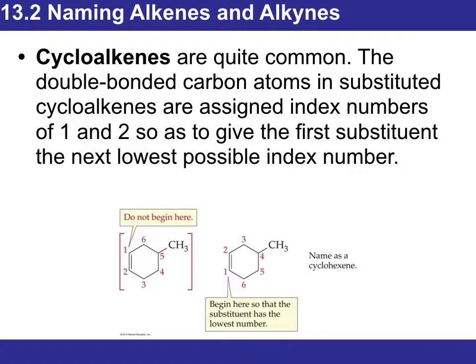So here, an example, I start where my substituent has the lowest number, that's the far right example. 1 includes my double bond, 2, 3, 4, but not 1 on the left side, 2, 3, 4, 5, because my methyl on the right side is on carbon number 4, my methyl on the left side is carbon number 5. And again, you need to start with number 1 is where you have your double bond that exists.